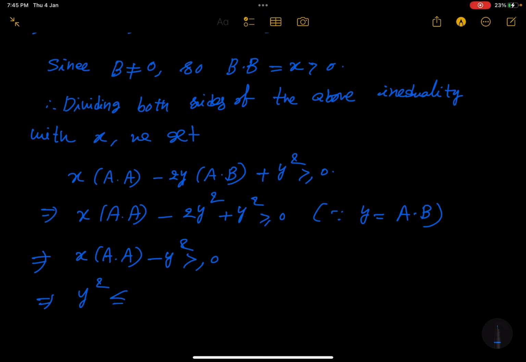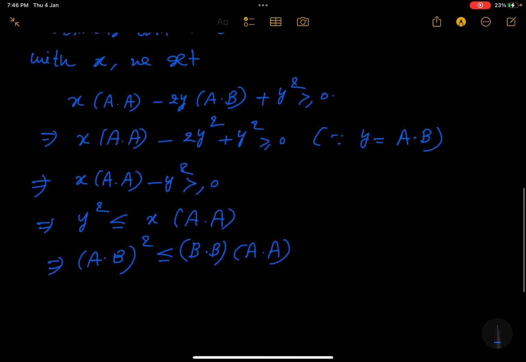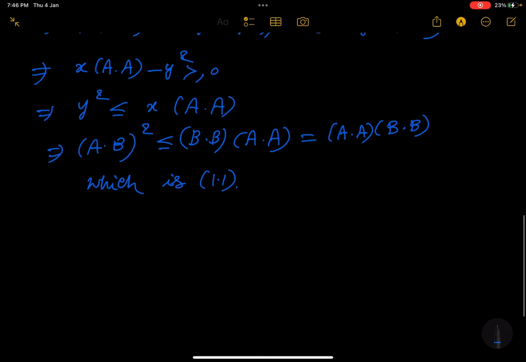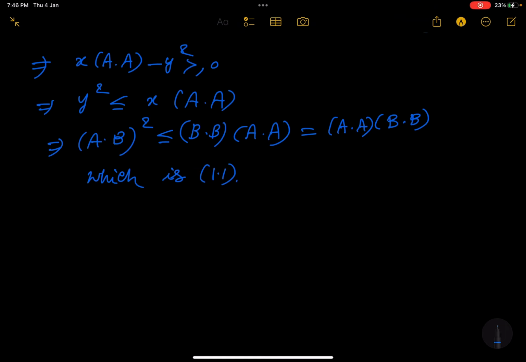That means y square is less than or equal to x times A dot A. And what is y? (A dot B) whole square. x is B dot B, times A dot A, which is the same as A dot A multiplied with B dot B. This is 1.1, right? So this is the Cauchy-Schwarz inequality.